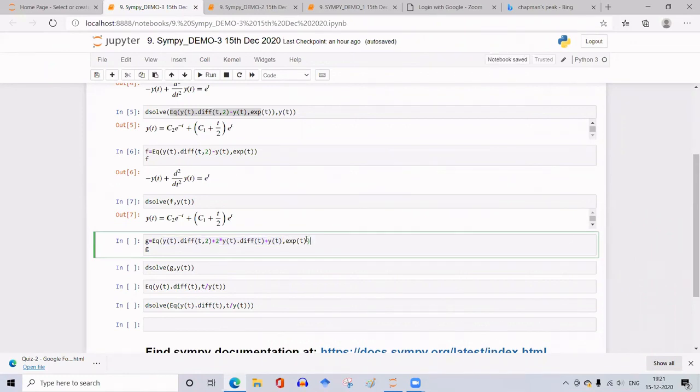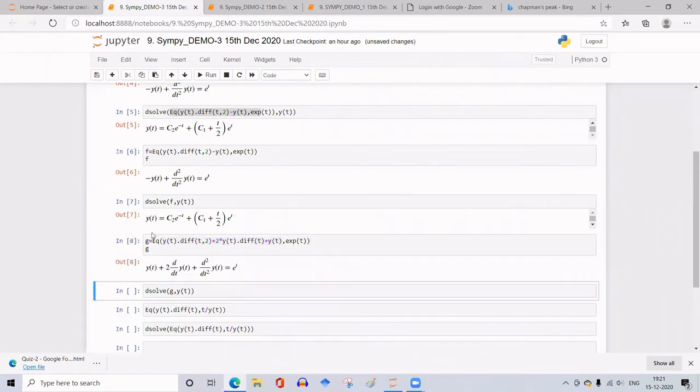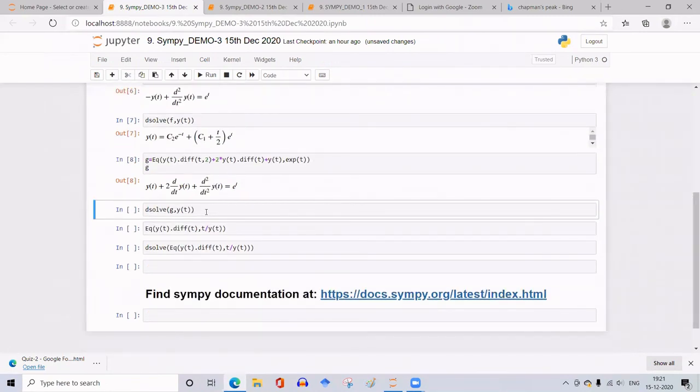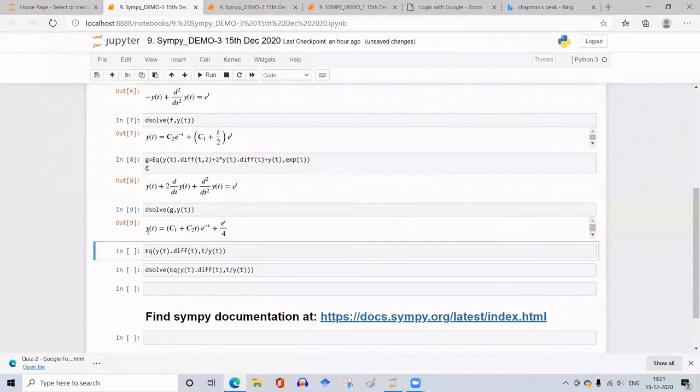So symbolically, it will be like this: d square by dt square of y of t plus 2 into d by dt of y of t plus y of t is equal to e to the power of t. So dsolve the variable g, which designates this second order differential equation, solving for the function y of t. So y of t value is so much.